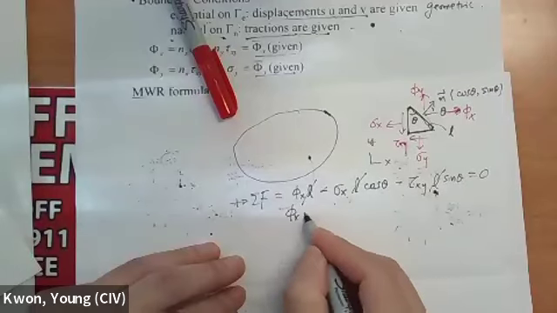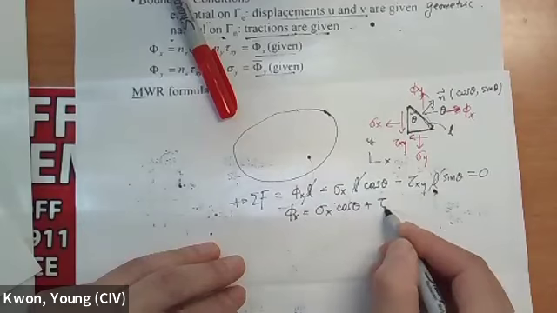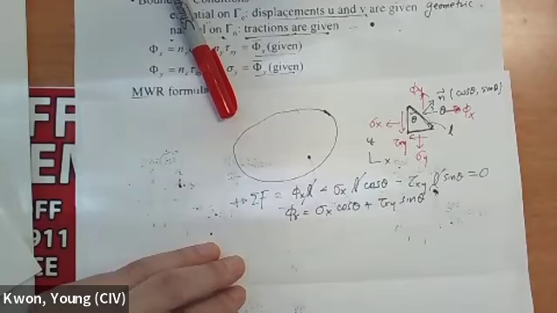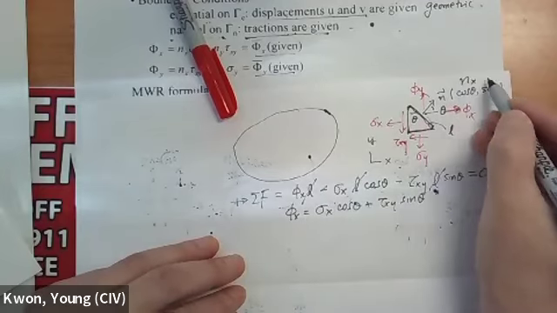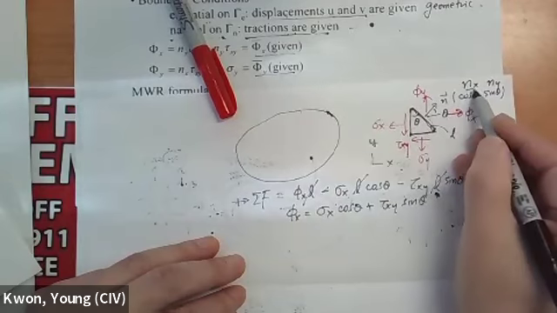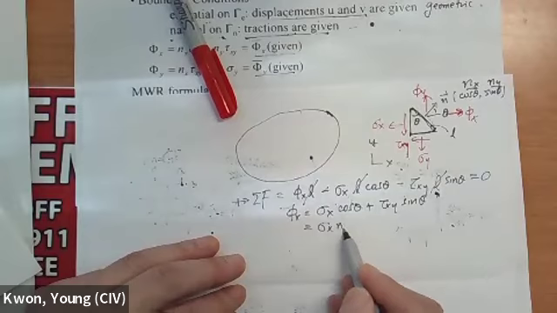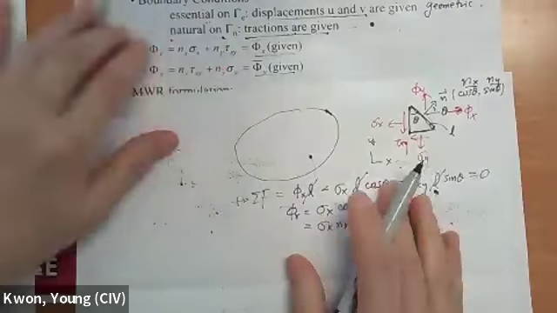So Px is going to be sigma x cosine theta plus tau sub xy sine theta, right? And if I call nominally this nx and ny, so in other words, x component, y component of the normal vector, then this is going to be sigma x nx plus tau sub xy ny. That's what you get in here.